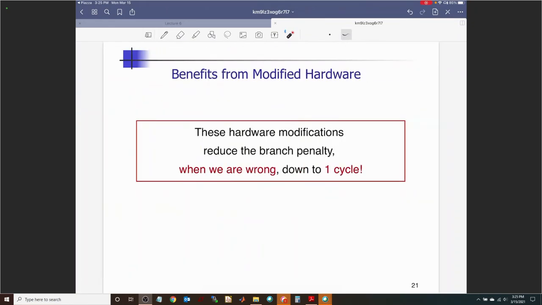Now let's see what the benefits of the modified hardware are, and how much we have benefited in terms of our branch penalty. Whenever we are wrong, it is now going to be down to 1 cycle. Do you guys agree with that? Down to 1 cycle instead of 3 cycles.